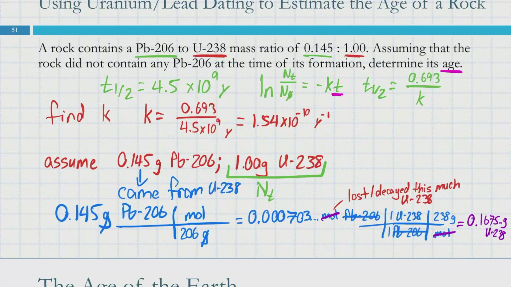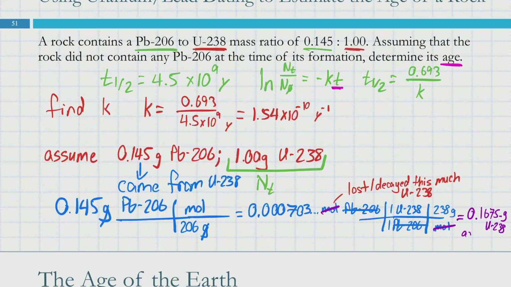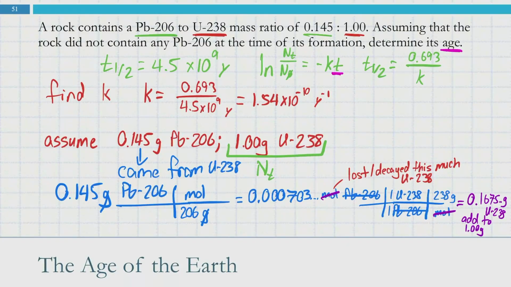Is it 0.1675 grams? It's not. You have to add it. Okay, so our N naught is 1.1675 grams.